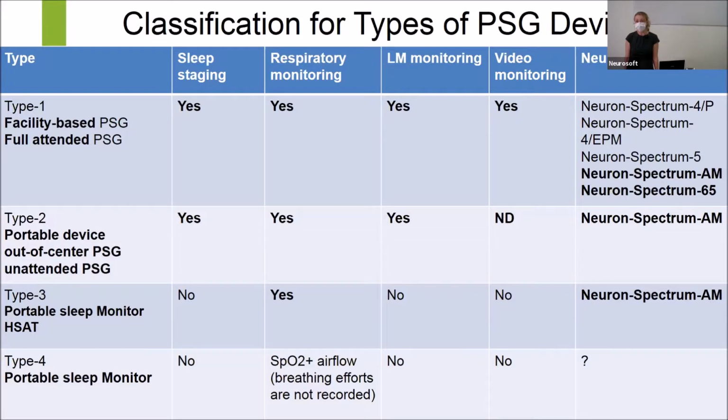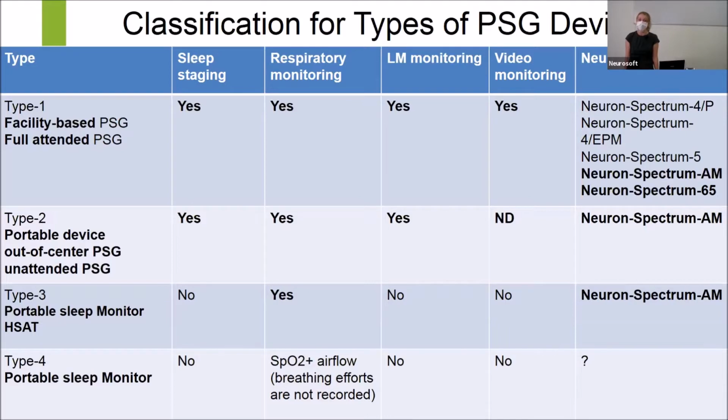It is Neuron-Spectrum-AM. The third type of sleep system in accordance with this classification is called home sleep apnea testing devices. It is a portable system, and usually it includes the respiratory channels for respiratory monitoring only.